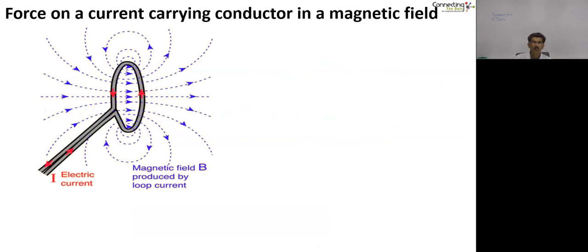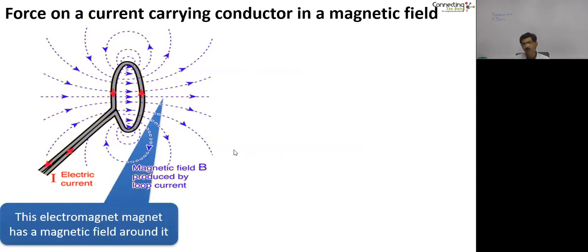Remember, an electromagnet can be created simply by having an electric current flow through a conductor. Now this is a circular loop, and we have seen that it creates a magnetic field around the loop.